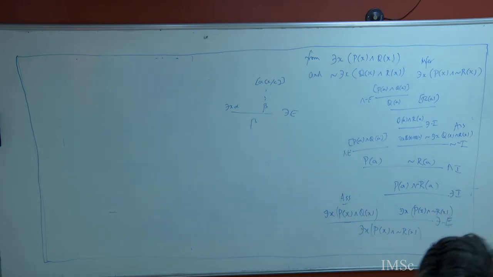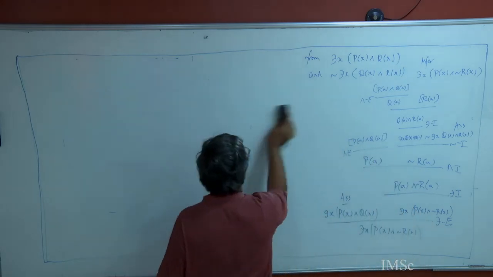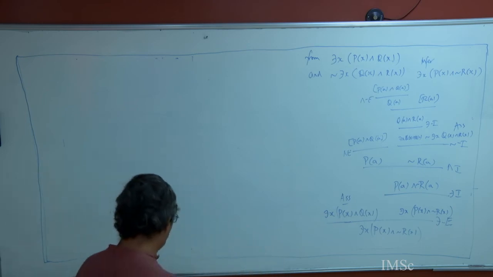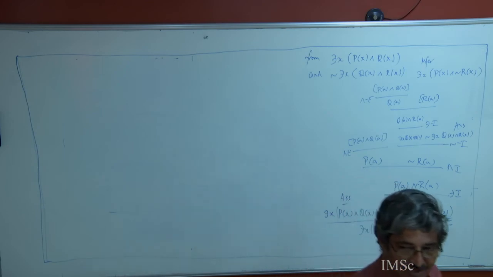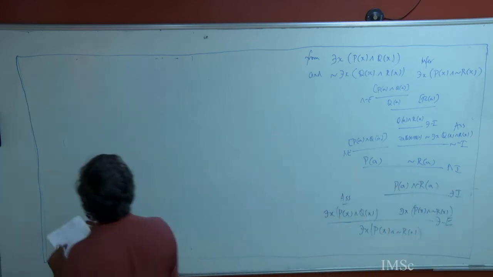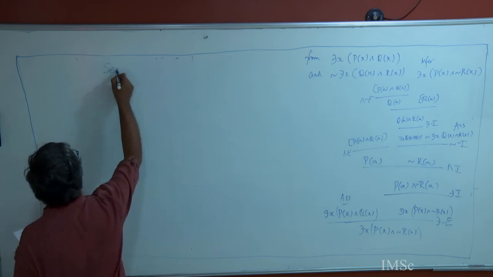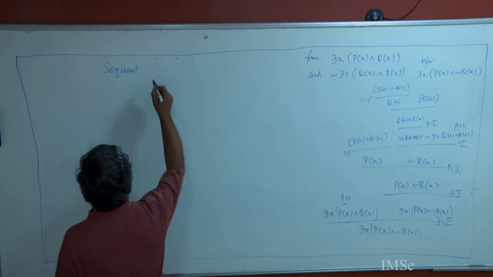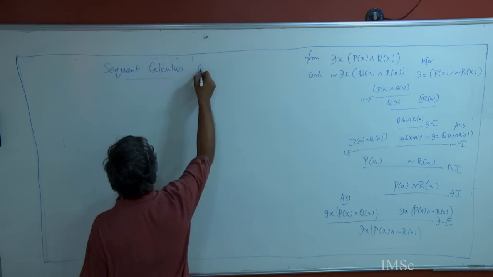Sequent calculus, the rules are very similar. Once you've seen the rules for natural deduction, sequent calculus of course is much more structured, so the rules almost pop out fairly straight. You have very few assumptions that you have to write down. Sequent calculus, quantifier rules.